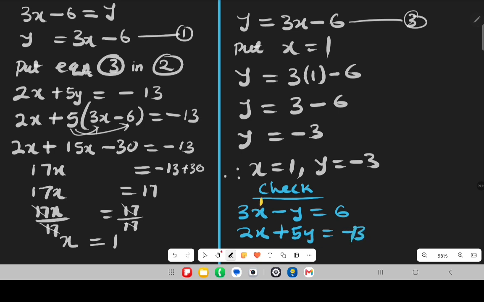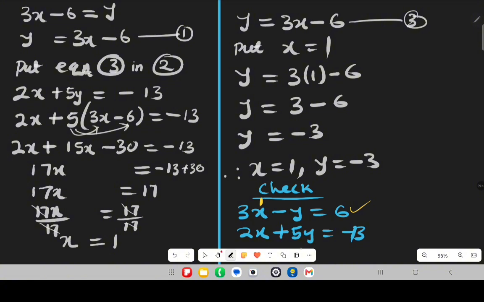When we put 1 in place of x, we are having 3. When we put minus 3 in place of y, minus minus 3 gives us plus 3. Therefore, 3 plus 3 gives us 6, which is correct.